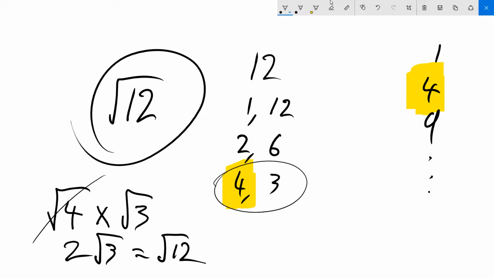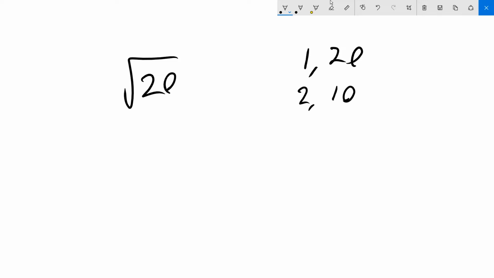Alright. So now that we know that, we can try another example. Let's do root 20, for example. Factors of 20: 1 and itself. There's 2 and 10, that's not really helpful. 3 is not a factor. 4 is. 4 and 5. 4 is a perfect square.